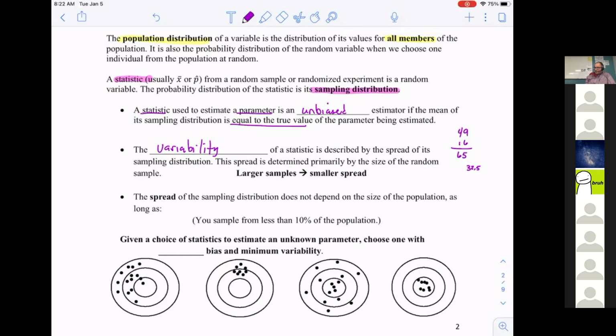However, if I throw a third person in there, 49, 16, and 17, and we find that average, it's going to be 82, and 82 divided by 3. I don't have a calculator handy to do that.